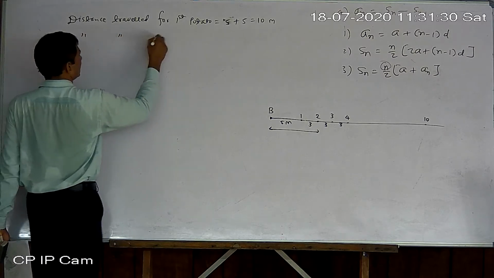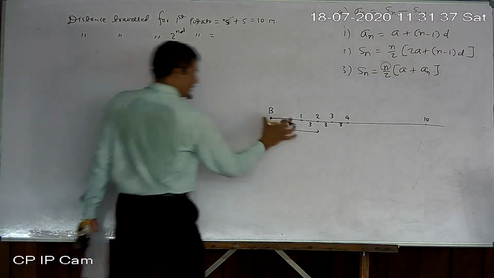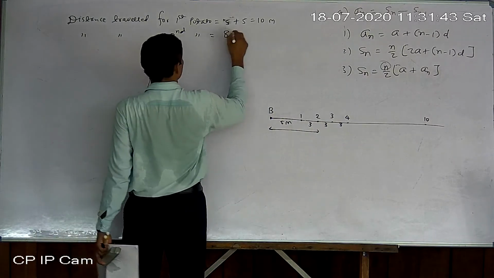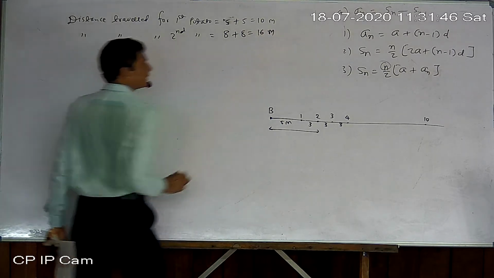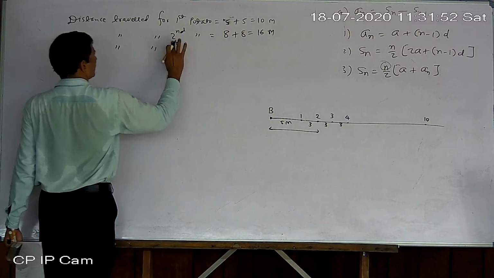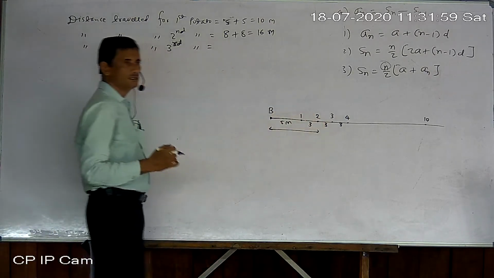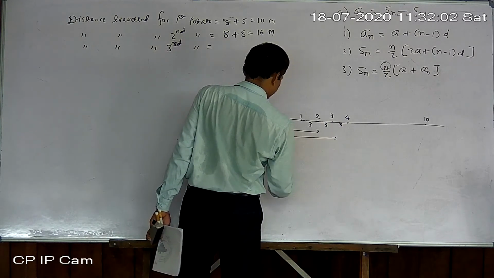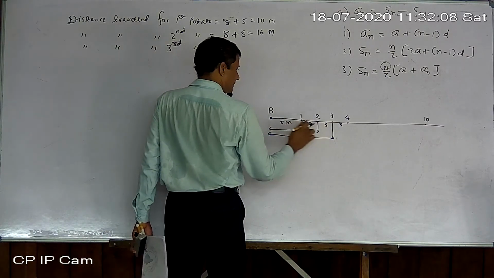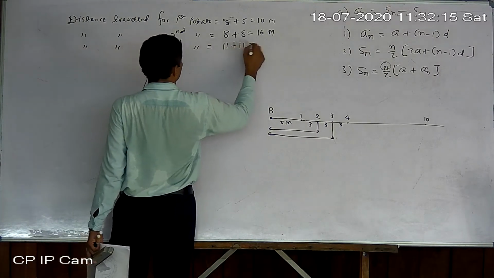So the distance traveled for the second potato is 8 plus 8, 16 meters. In the same way, the distance traveled for picking the third potato: up to this point, 5 plus 3 plus 3. 5 plus 3 is 8, plus 3 is 11. So 11 plus 11, 22 meters.